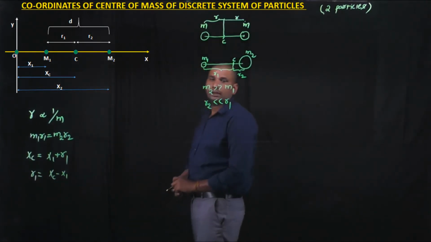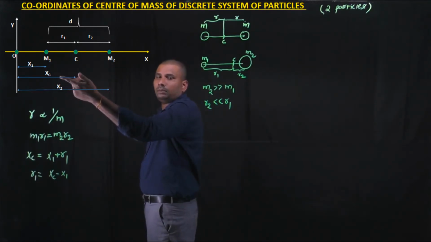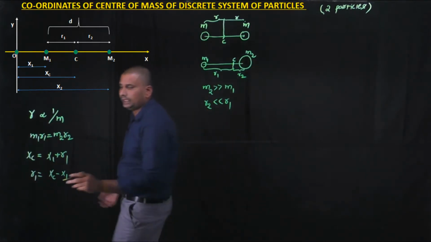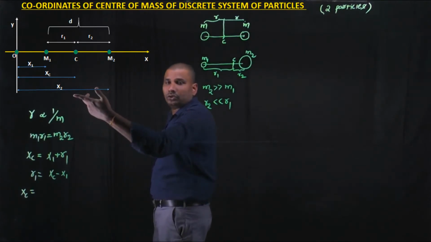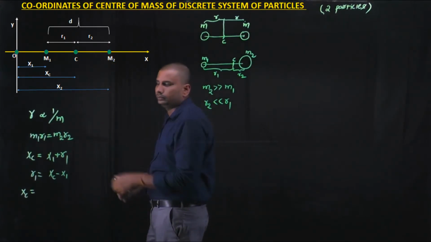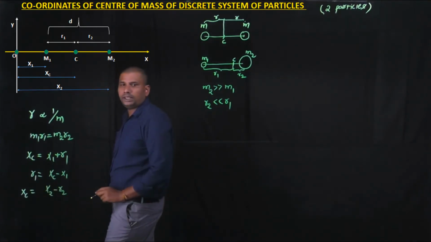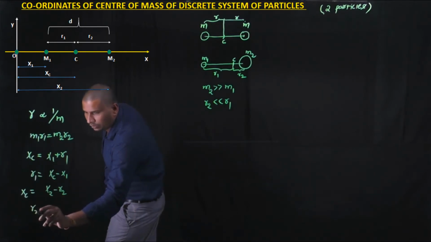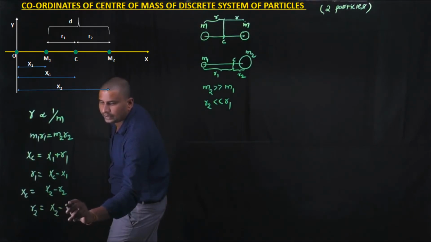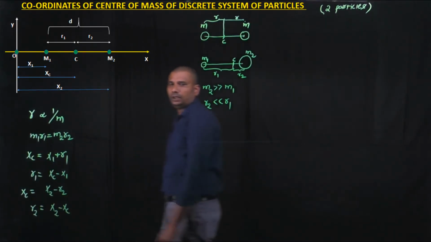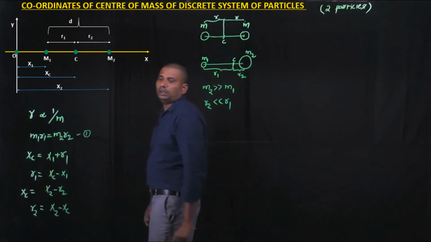Similarly, the distance of center of mass from the origin can be written as xc is equal to x2 minus r2. From this we can write r2 is equal to x2 minus xc. Let it be equation number 1.